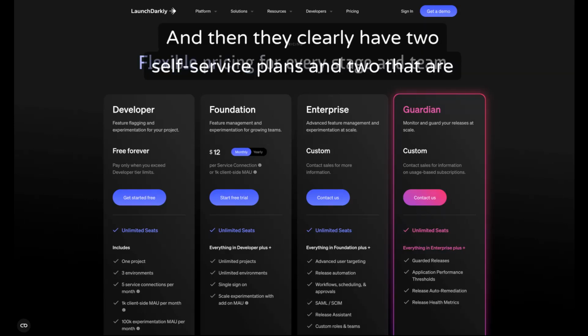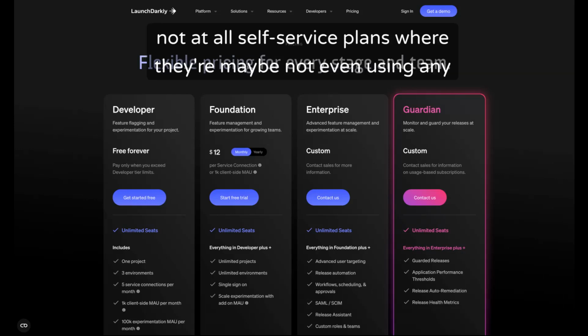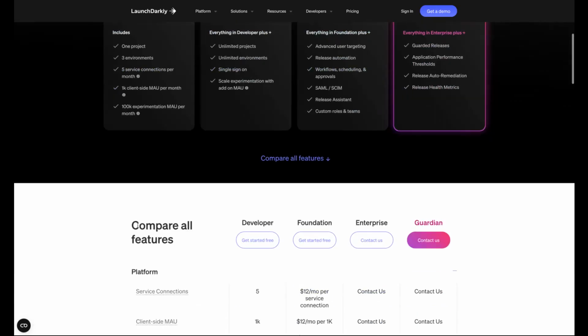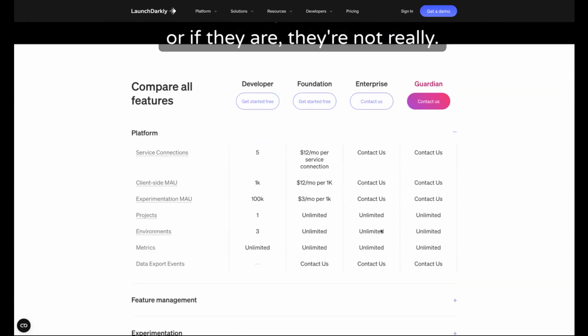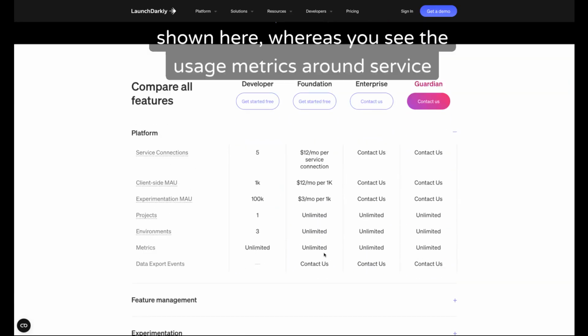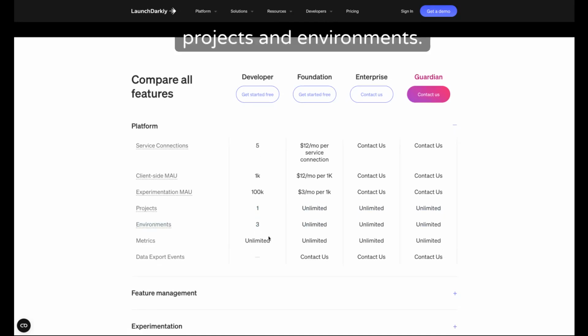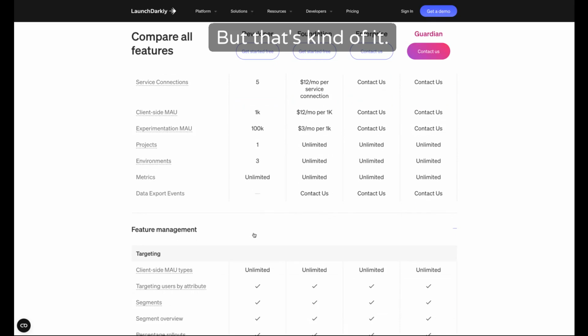And then they clearly have two self-service plans and two that are not at all self-service plans, where they're maybe not even using any usage-based limits. Or if they are, they're not really shown here. Whereas you see the usage metrics around service connections, client-side MAU, experimentation MAU, a little bit on projects and environments, but that's kind of it.